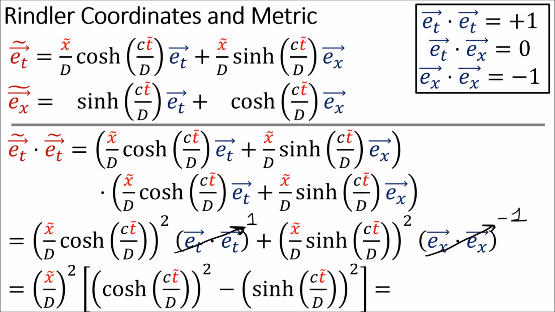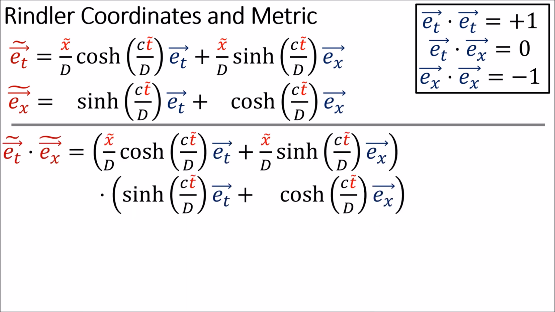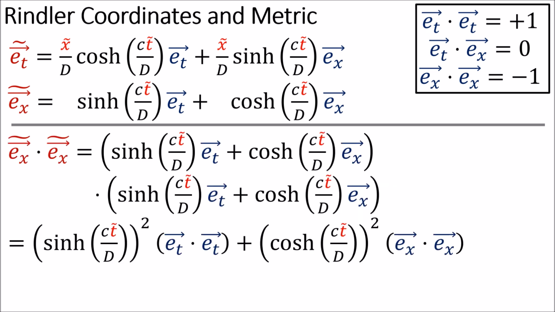And also remember that cosh squared minus sinh squared equals 1. So we get that e_t tilde dot e_t tilde equals x tilde over d all squared, which is also x tilde times alpha over c squared all squared.